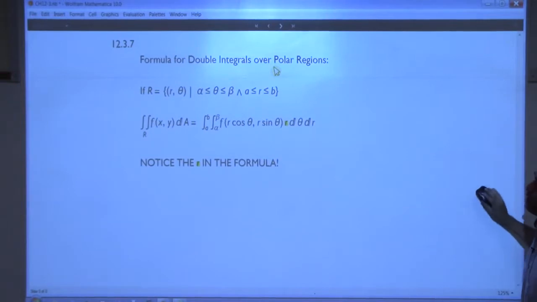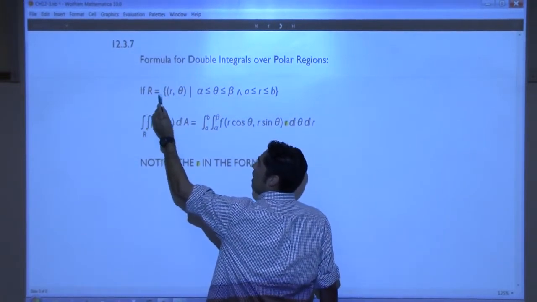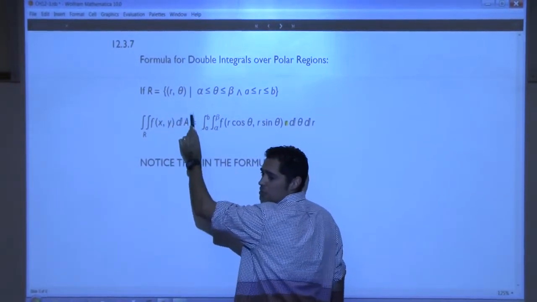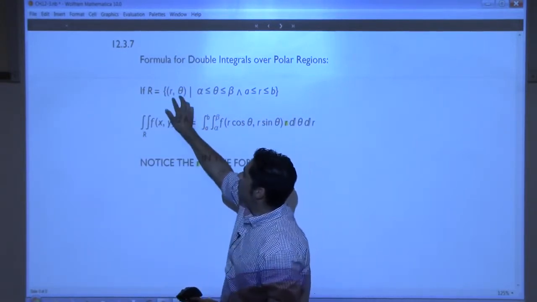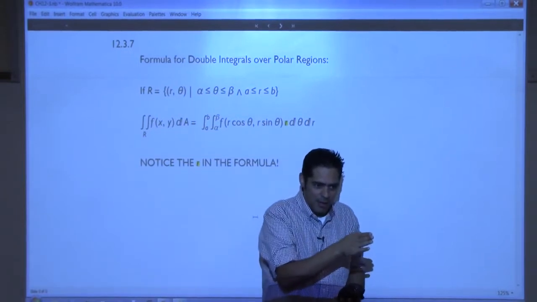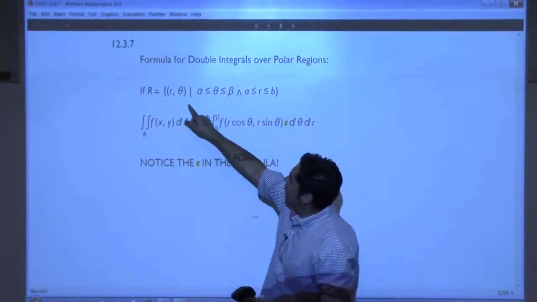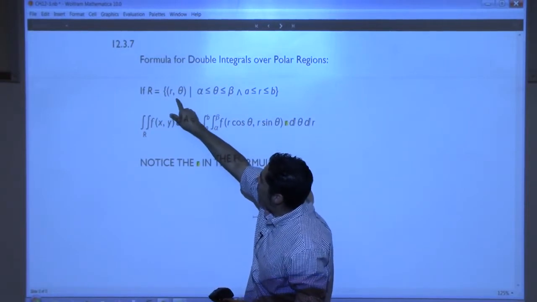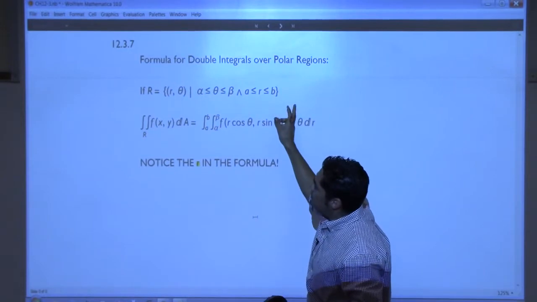So here's the summary. If we want a formula for a double integral over a polar region, where our region is defined as all points in two-dimensional space given by r, theta. Now be careful, r, theta here is not an x and a y. It's a distance you walk and it's an angle you turn. It's all the points defined by those two conditions where your theta is between alpha and beta, your r is between a and b.